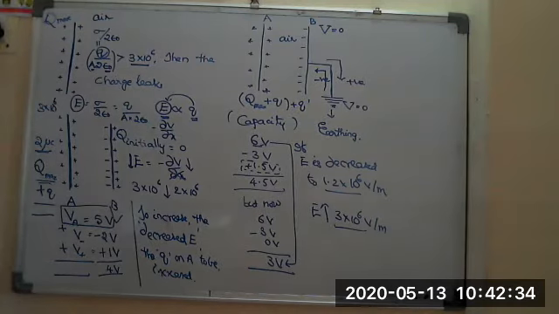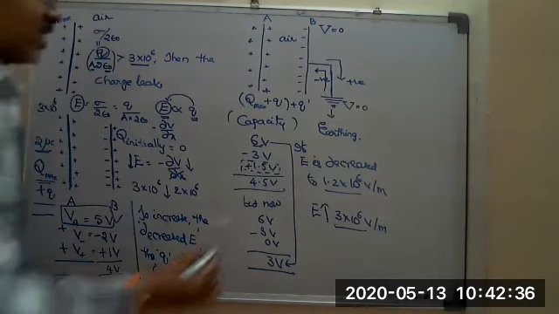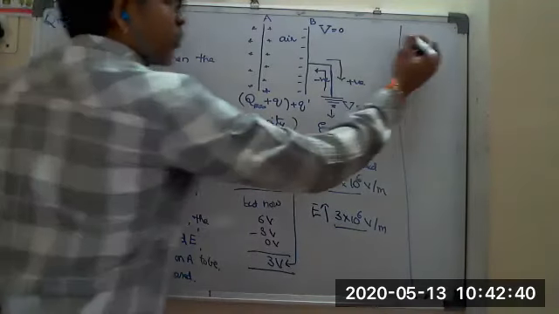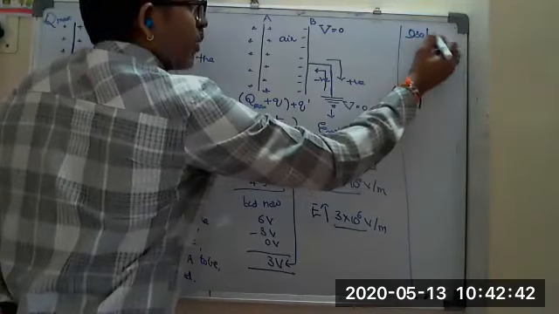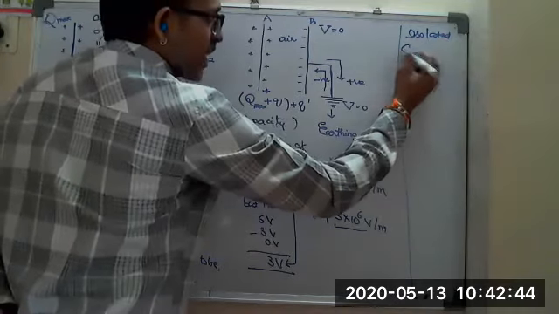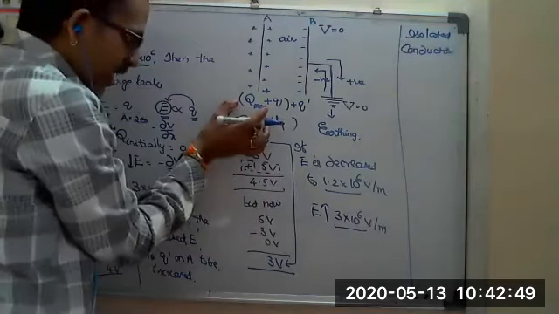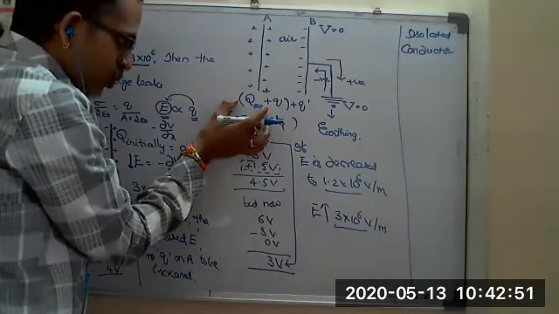So finally, the capacity to take the charge is increased or not? Yes. So isolated plates or bodies, conductors, can take the charge to a certain value only.